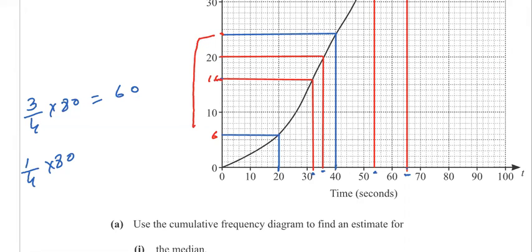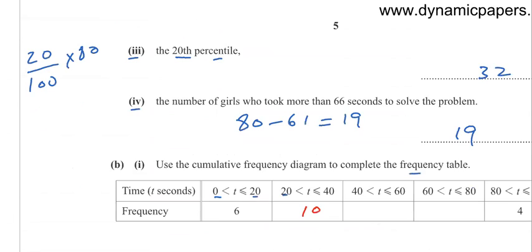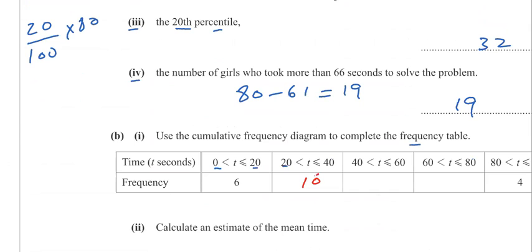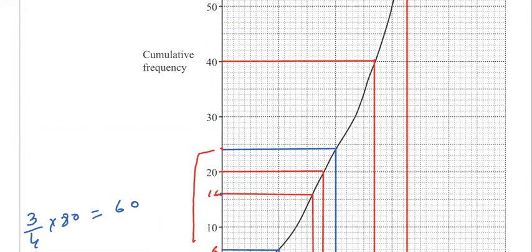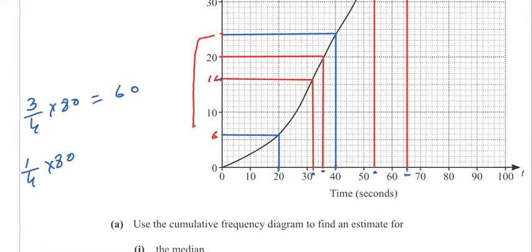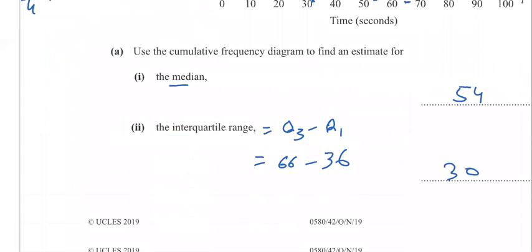No, between 20 and 40 it will be 10 because this is cumulative frequency. If from here it's 6, from 6 till this one, how many numbers will there be? So it's 10.